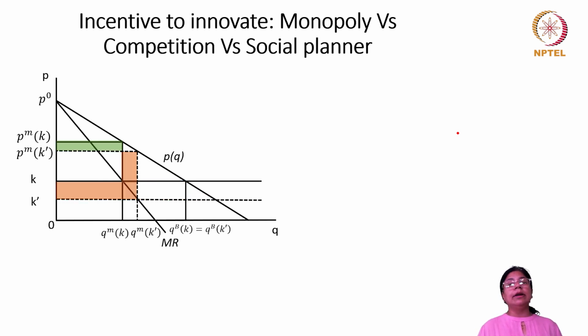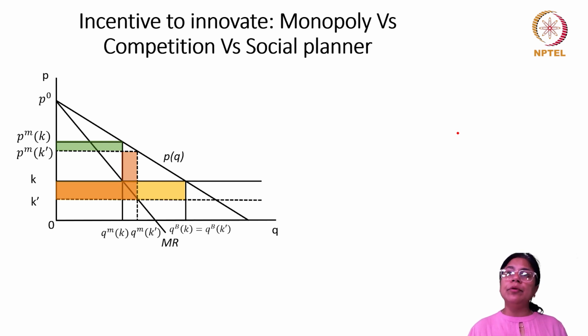So here, first, from a monopolist's point of view, you have to compare this green area with the pink area, which I have already pointed out with respect to the replacement effect. So the green area is no longer available for the monopolist. That needs to be compared with the pink area.